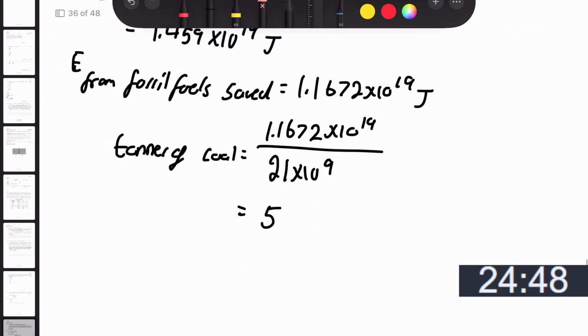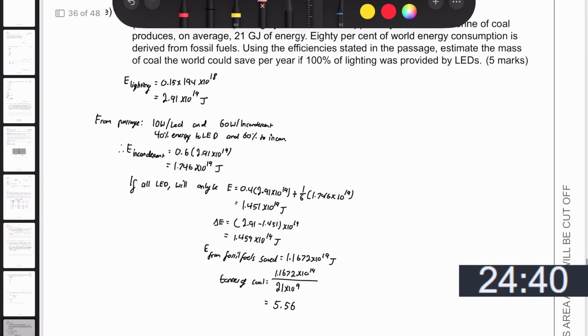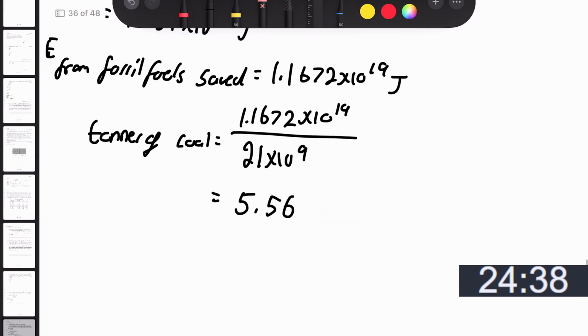If I get like 5.1, 2, 3, 4, 5, 6, 7, 8. Is it an estimate? Oh, it is an estimate. So 5.6 times 10 to the 8 tons.